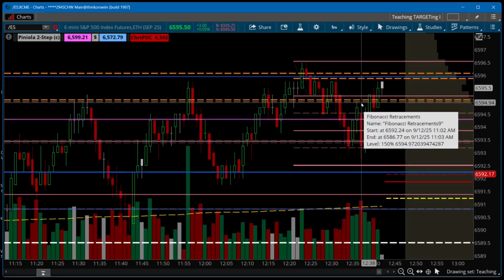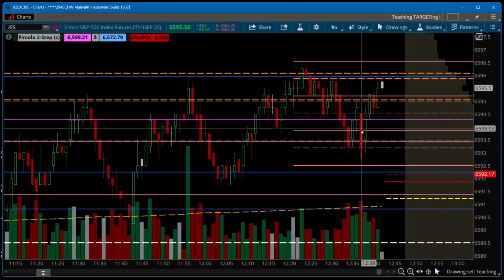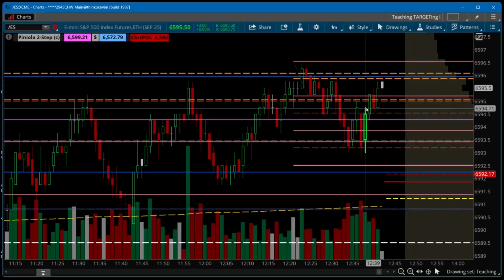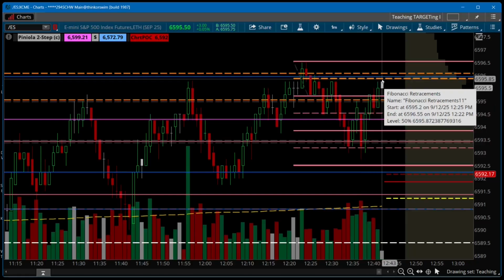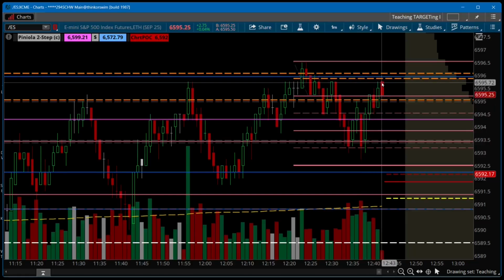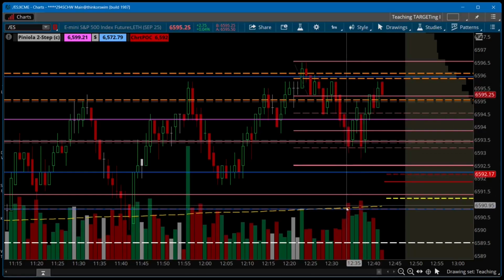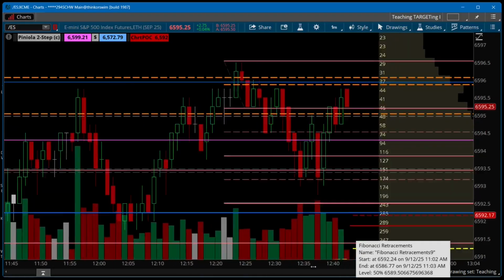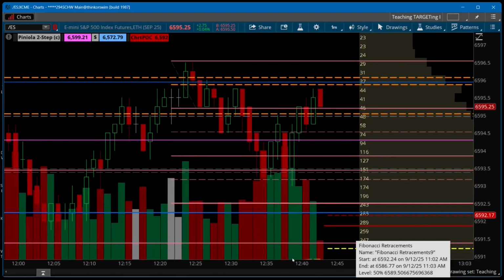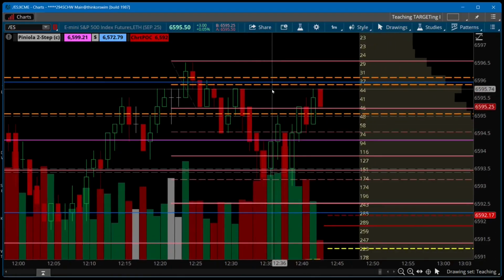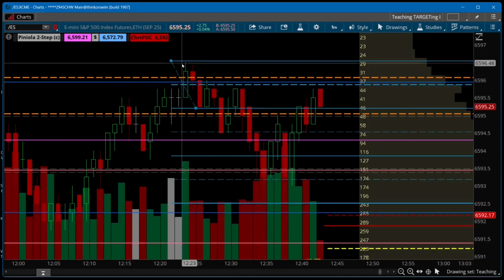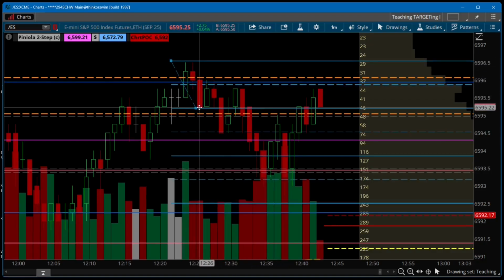Went back up. Okay, now I just shook around here. Back to the 1, back to the half. Let's see how this halfway point acts right here. See how strong it is. And that's the half off of this move right here, this first little move.